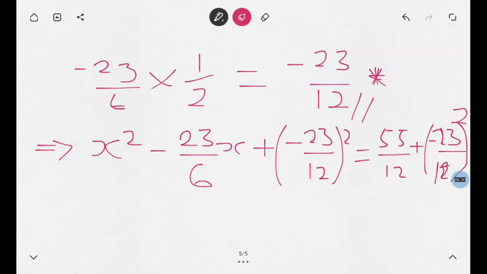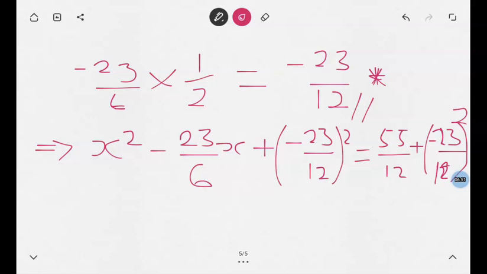After finding half of the coefficient of x, you square it and then add it to each side of the equation. So after adding, this is what we have.